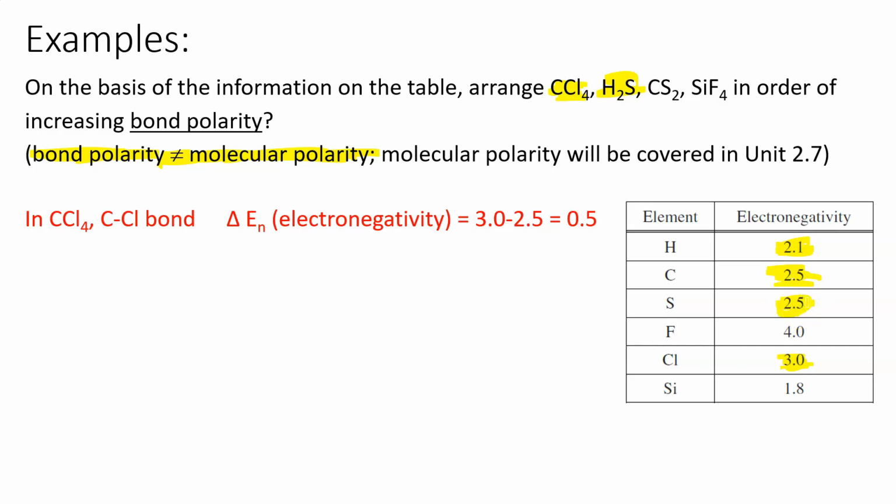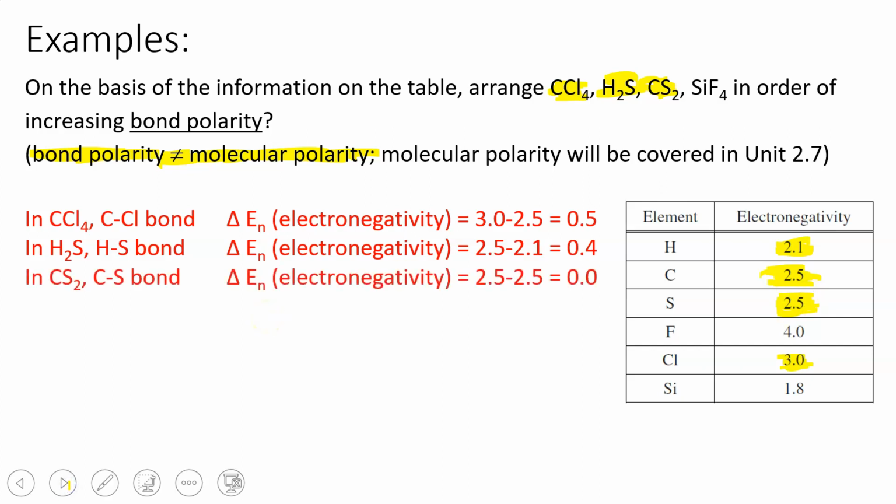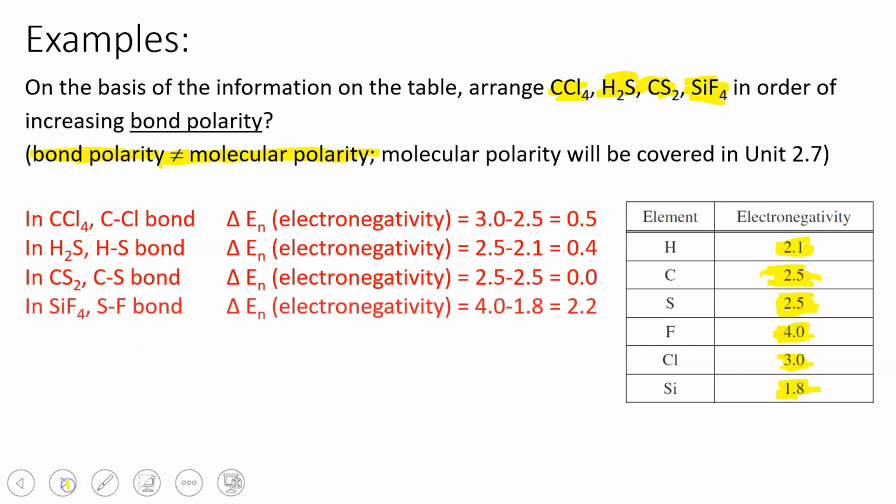So 2.5 minus 2.1, that gives us 0.4. In CS2, I want to compare carbon, again 2.5, to sulfur. Well, sulfur is 2.5. So 2.5 minus 2.5 is just 0. In SiF4, I'm comparing silicon and fluorine. 4.0 minus 1.8 gives me 2.2.